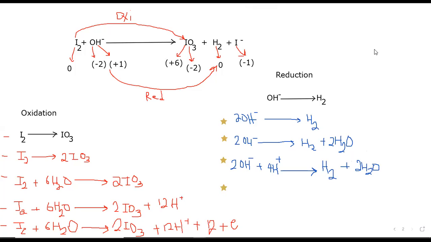Then the last step is going to add the electrons on this side. So our electrons would be, okay, so they are minus charge there.